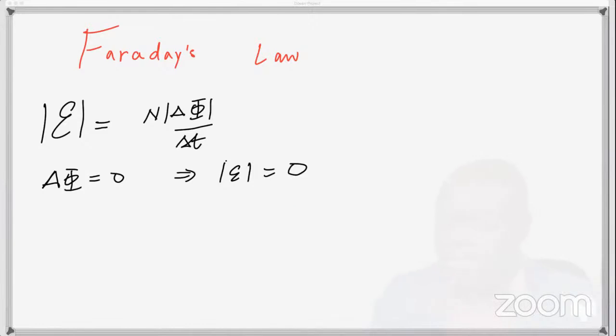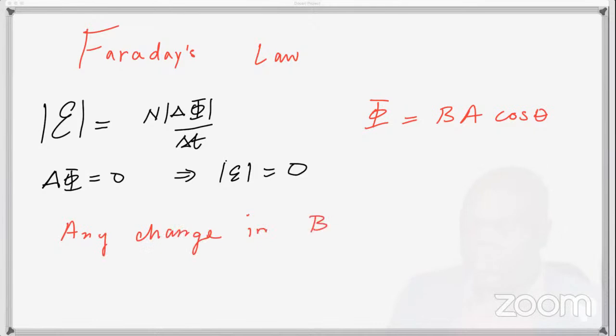So the key elements here, again, remember the flux is B times A times cosine of theta. So any change in B, in A, or theta will cause a change in flux.